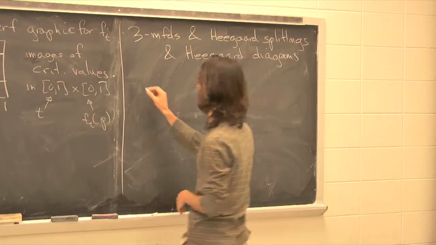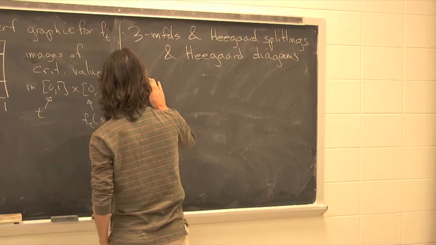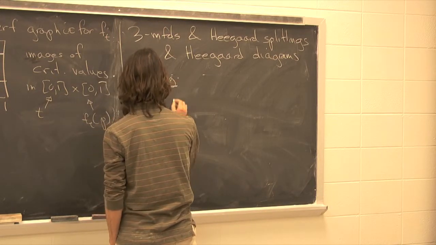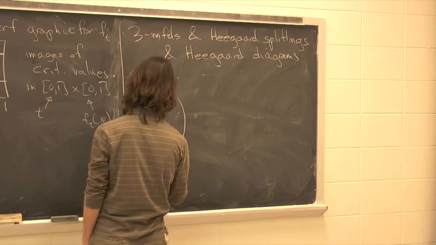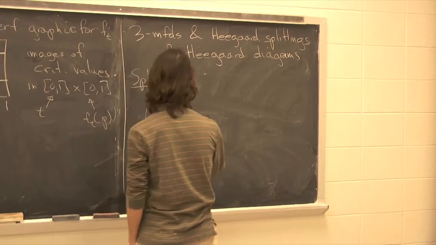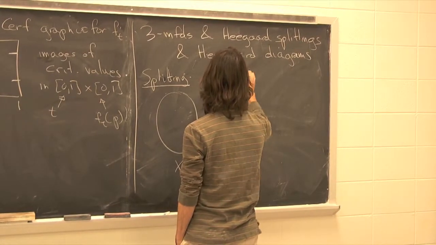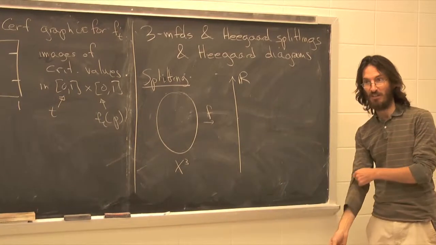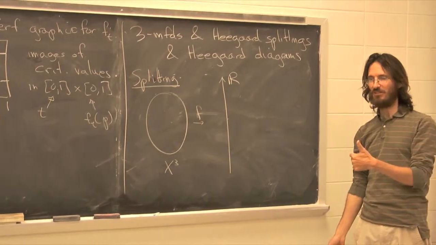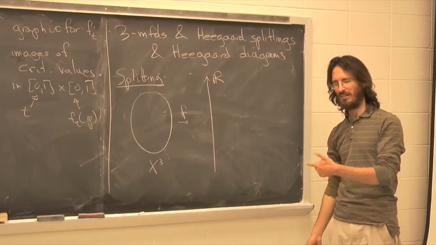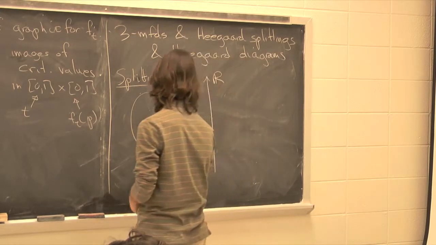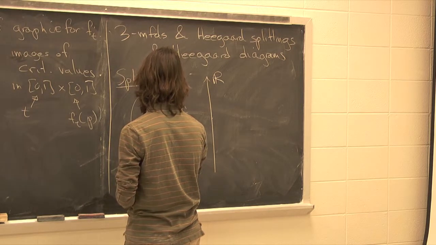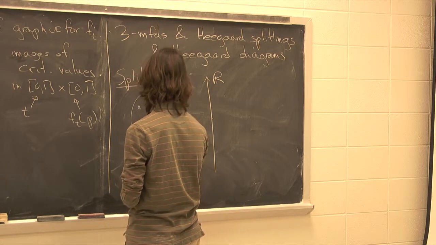The splitting is easier to understand initially. The splitting just says that you take your three-manifold X3 and project it to R by a Morse function, f. You arrange, and this is something I still have to show you how to do, that there's a single index 0 critical point and a single index 3 critical point, and then a bunch of index 1 critical points and a bunch of index 2 critical points.